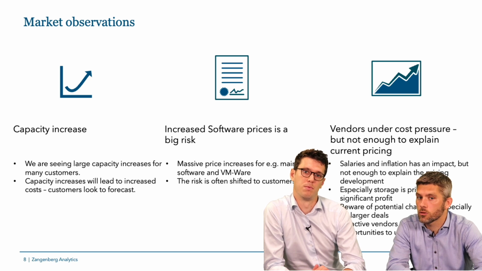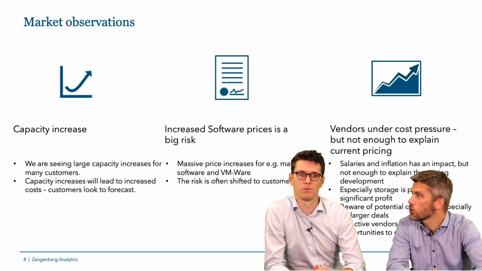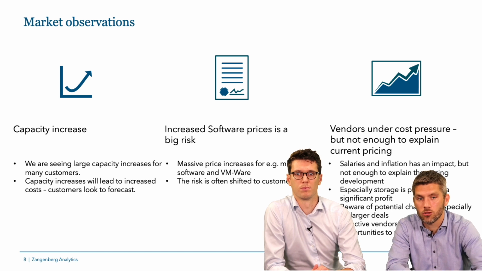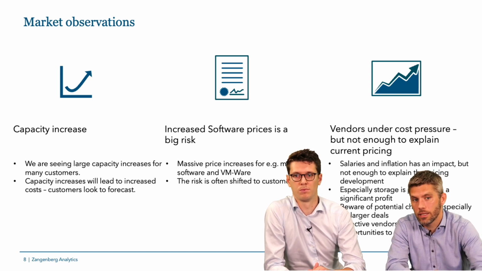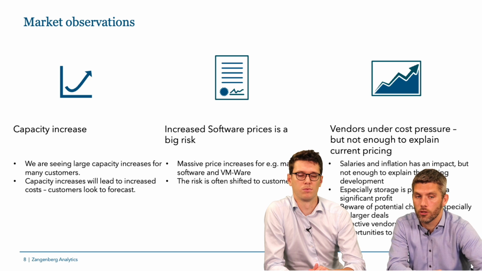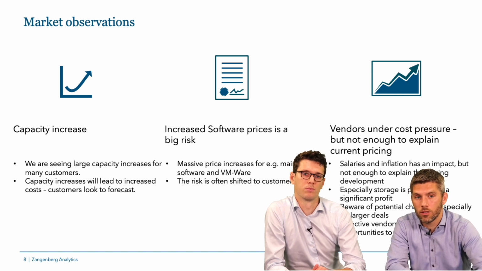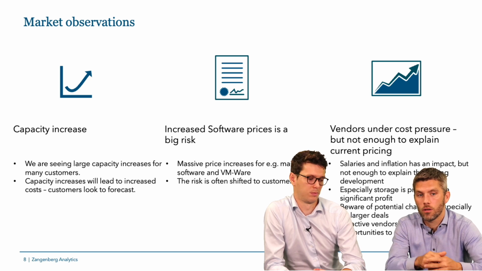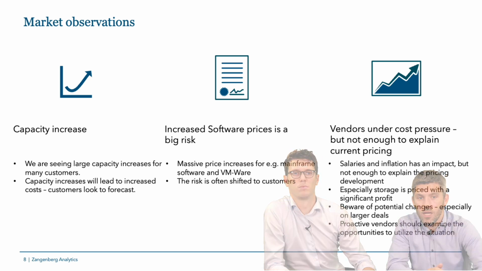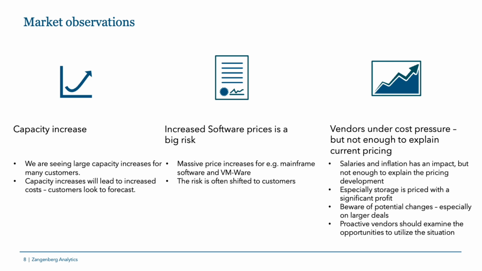So we see agreements where the software is priced on its own and has certain terms and conditions that say this area will follow the prices that the vendor is being presented with. So the risk is moved from the vendor to the client, making it the client's problem if Broadcom raises the prices once again, or any other software, because it's not just the mainframe software or VMware in particular.